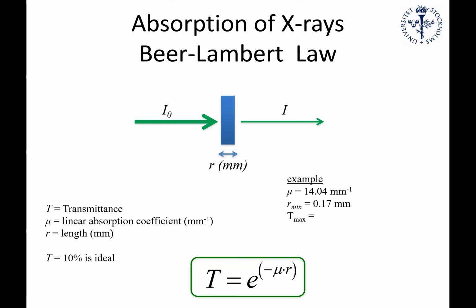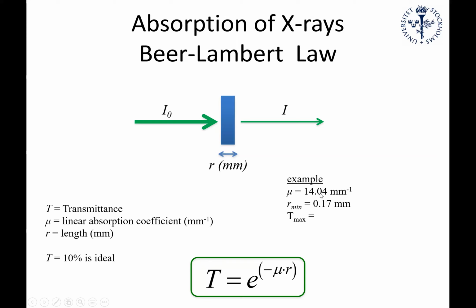So let's say for one particular crystal structure, the linear absorption coefficient is 14. This is usually calculated by software. So if you know the unit cell parameters and if you know the crystal structure, then this is something you automatically get from most crystallographic software.